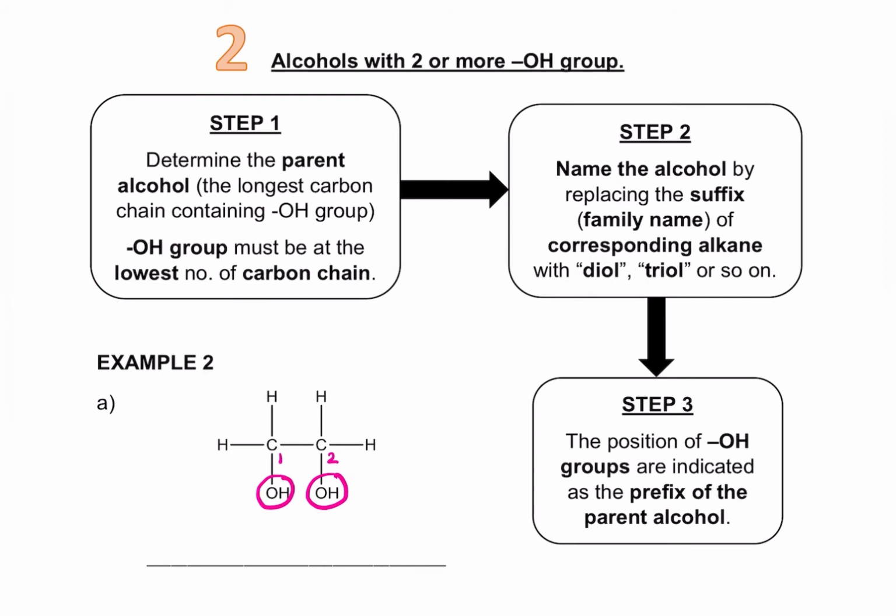So in general, for alkane with a 2 carbon chain, you are going to name it as ethane. Now you are going to give the full name for this one, indicating the position of the OH groups at carbon number 1, 2, and then put your alkane, ethane, and then due to 2 OH groups, it is going to be diol. So this is the name for structure A.